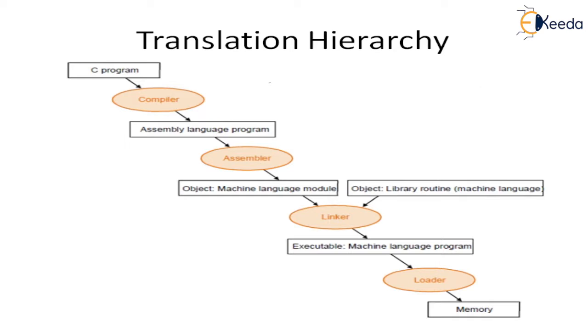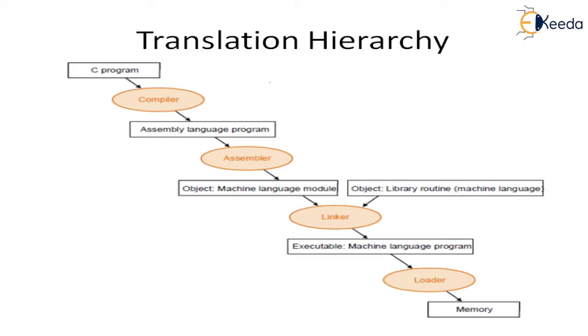After that, both modules are given to the linker, and it will produce the executable machine language program. The linker combines these two object programs with each other. The first object program contains the machine language module, whereas the second contains the library routine. Then the linker will produce the executable machine language program.